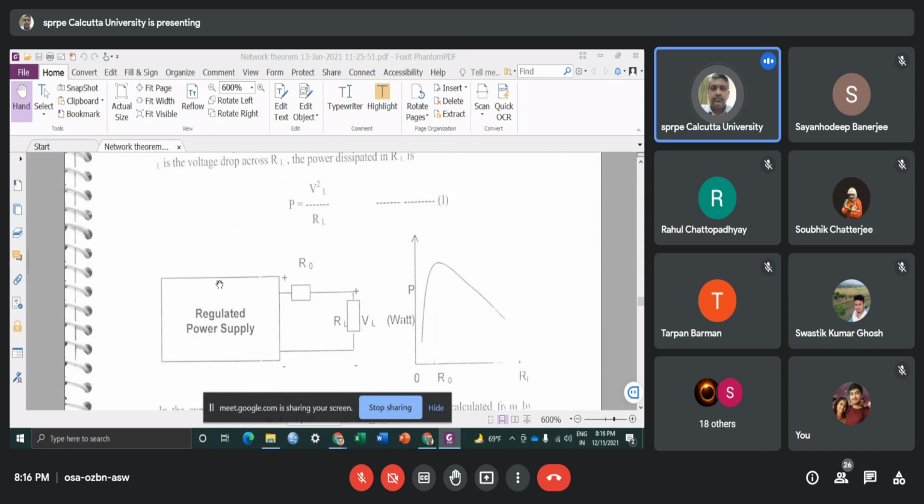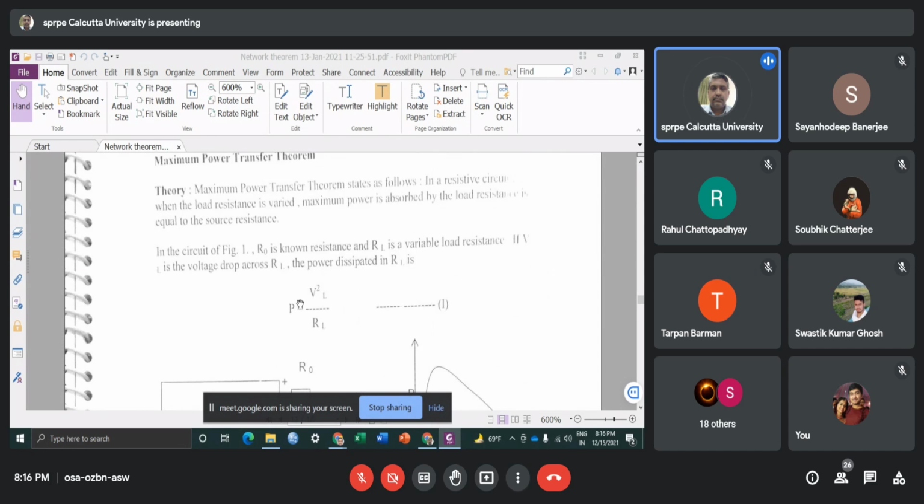There is a transfer of power from the power supply to the load, and the maximum power will be absorbed by the load when the load resistance is equal to the internal resistance. Internal resistance means the Thevenin equivalent resistance of the source network as seen from the load terminal.